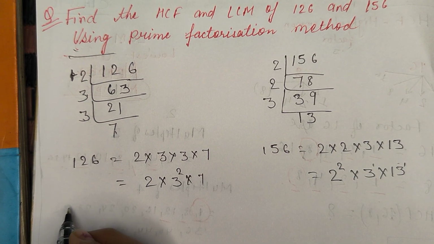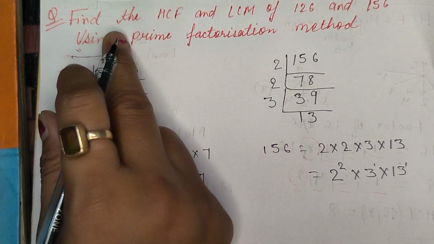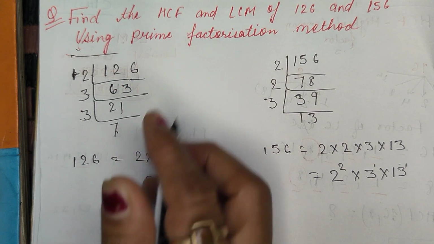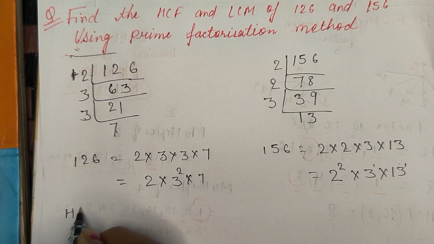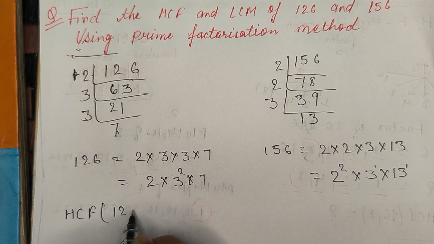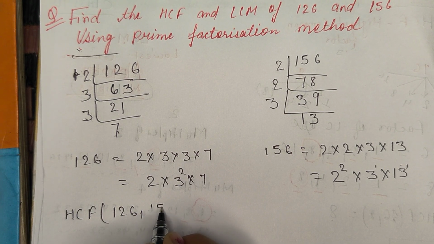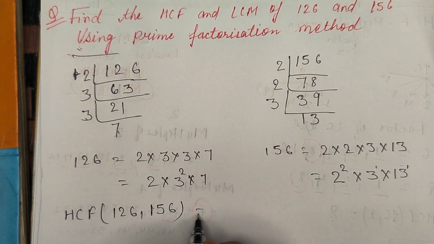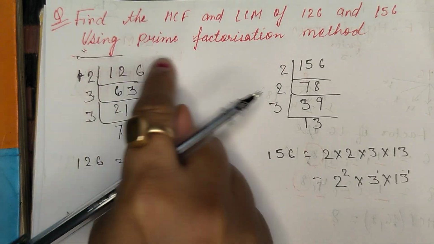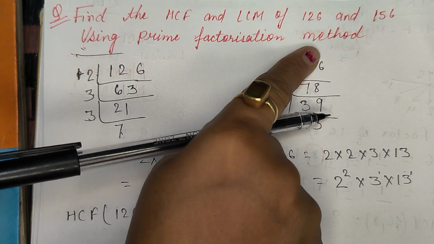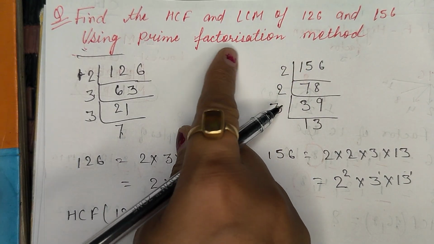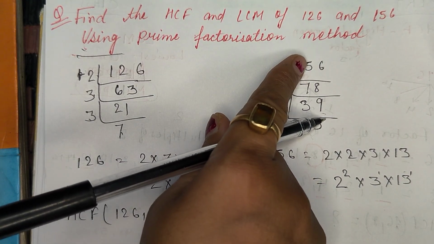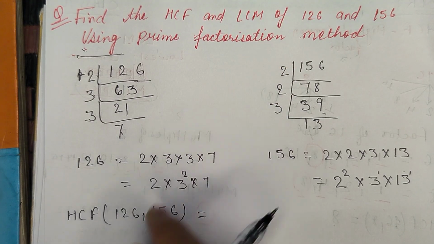And the question says find the HCF and LCM. What is the HCF of 126 and 156 by using the prime factorization method? What does the prime factorization method say?